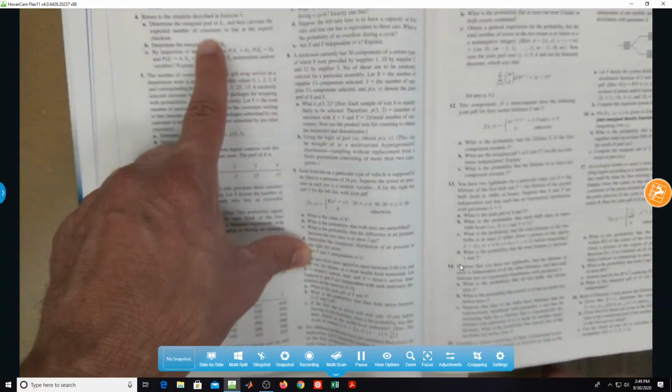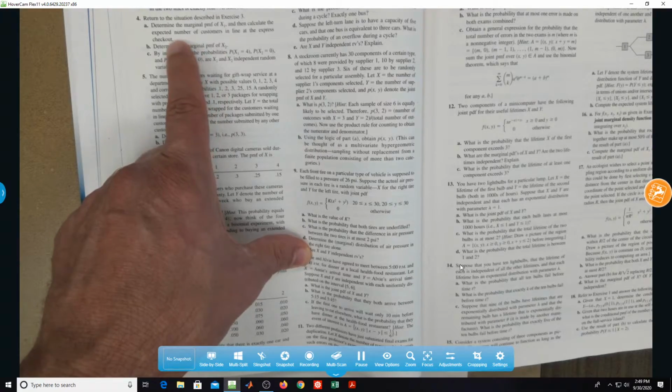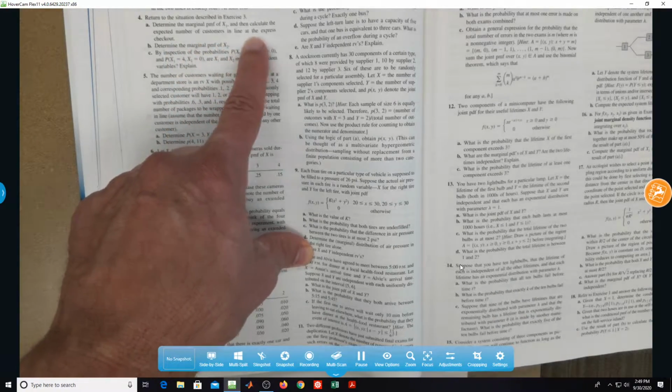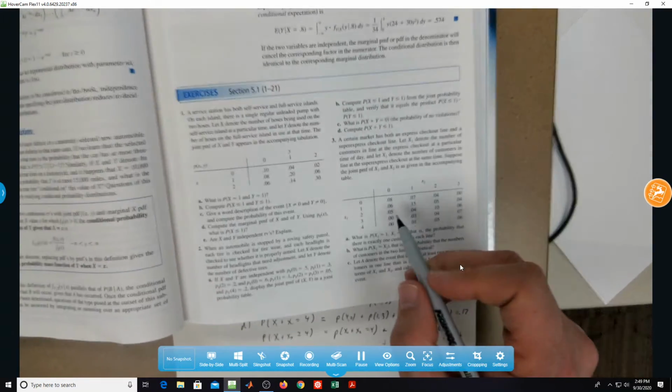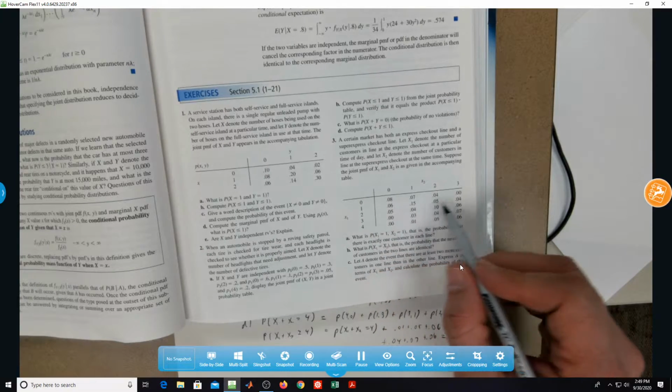Determine the marginal probability of x1 and then calculate the expected number of customers in line at the express checkout. All right, so x1 is here. So what we want to do is keep x1 fixed and add those across.